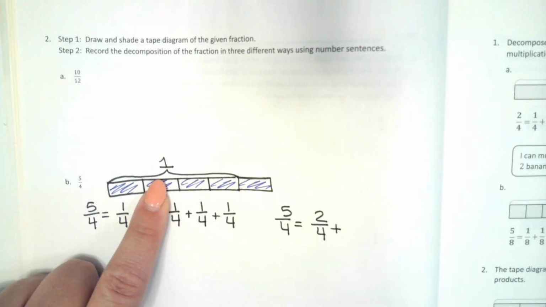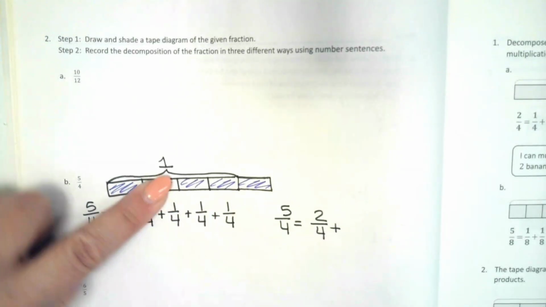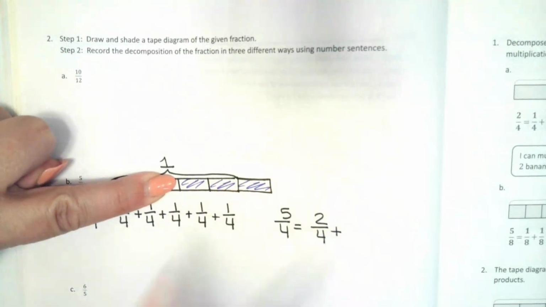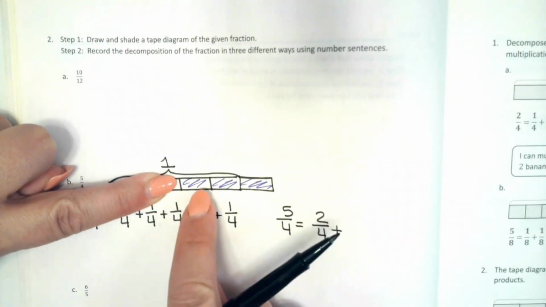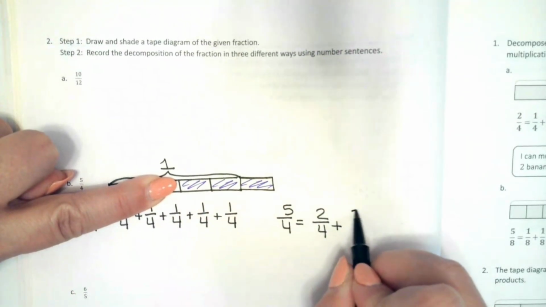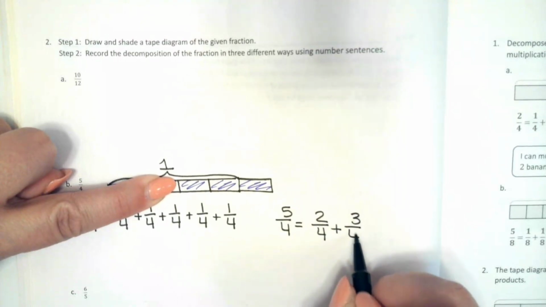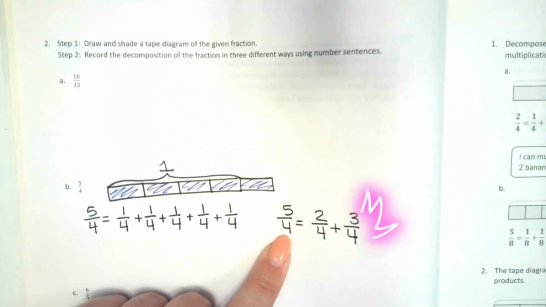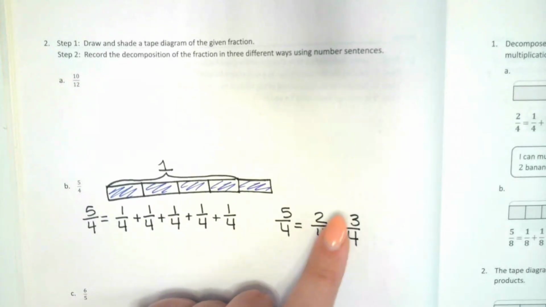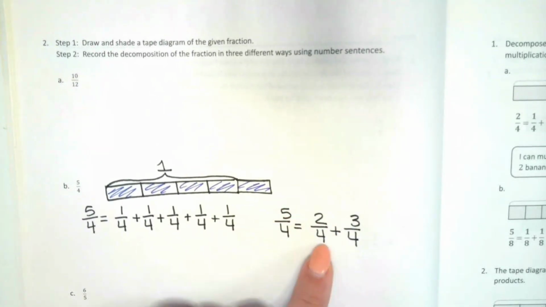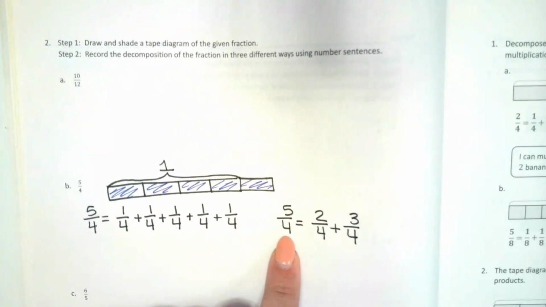But let's just keep this simple. 2/4 plus how many more fourths makes 5/4? We need 3 more fourths. So 2/4 plus 3/4 to equal 5/4. Notice you can add the numerators. 2 plus 3 equals 5, and the denominator stays the same.